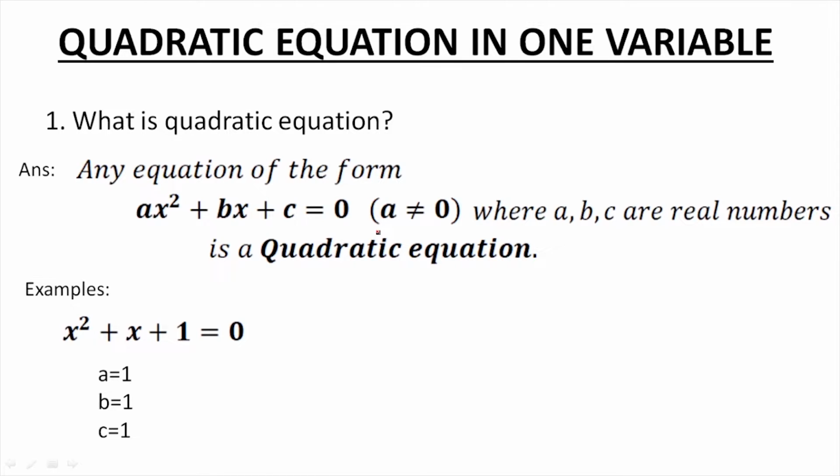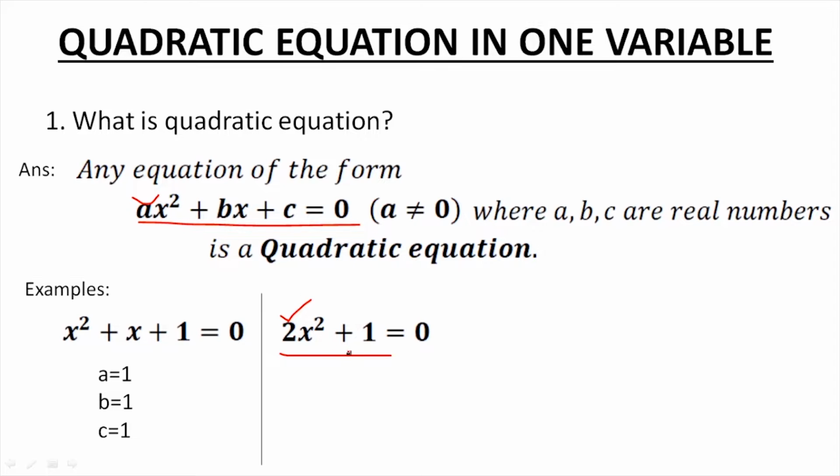That means it is a quadratic equation. Let's see the next example to make it more clear. Again, comparing this equation with ax square plus bx plus c equals 0, the coefficient of x squared is a, which is 2.